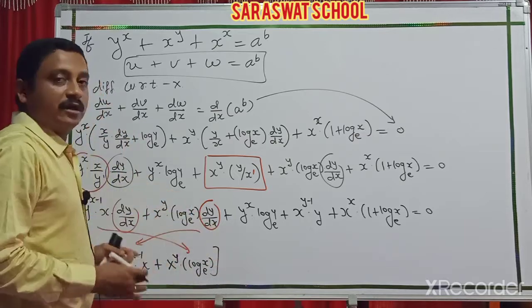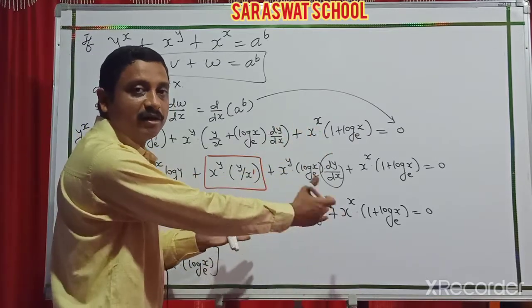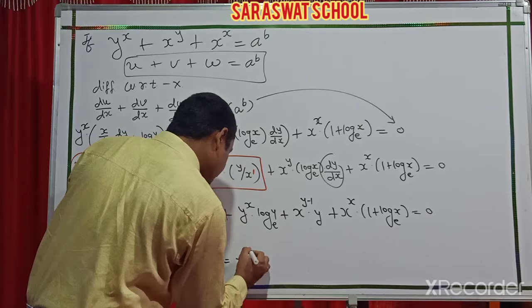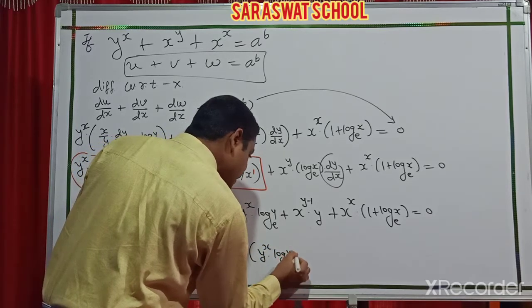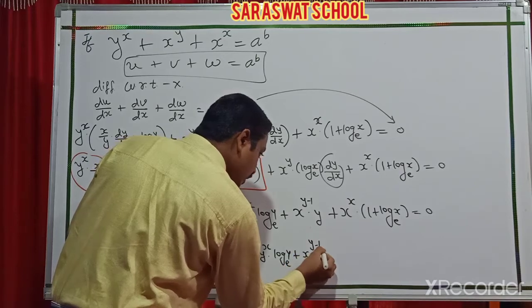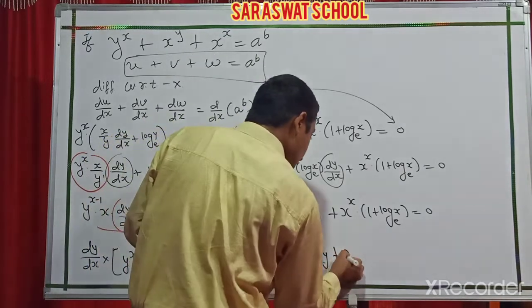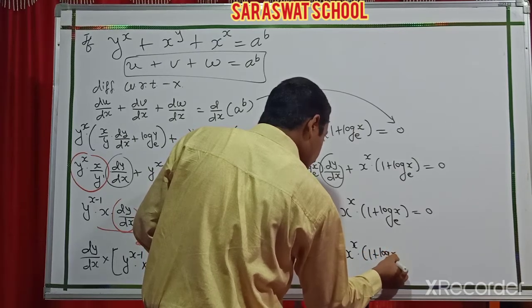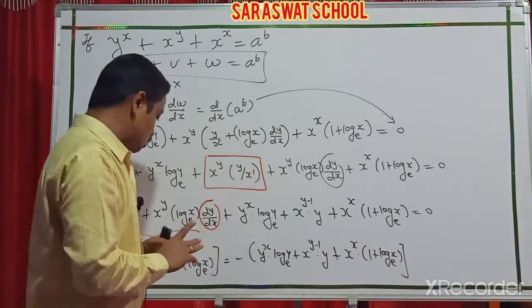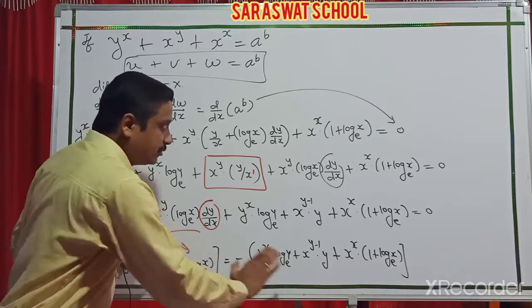That is the common factor, and these three portions on the left side translate to the right side as minus of y raised to x log y base e, x raised to x minus 1 into y, and x raised to x into 1 plus log x base e. Now this total value carries forward to the denominator.